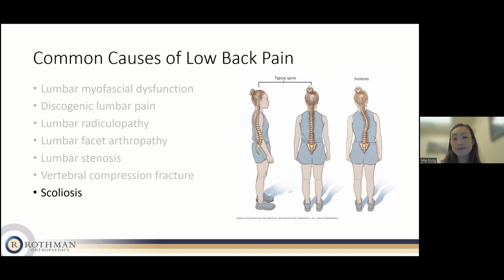Sometimes I'll see scoliosis in much older patients who didn't have it as a child, but through degenerative changes and wear and tear in the spine, you can develop what's called degenerative scoliosis. That could be another cause for back pain, mid back pain, or even upper back pain.